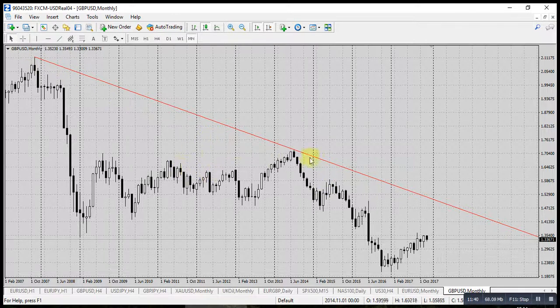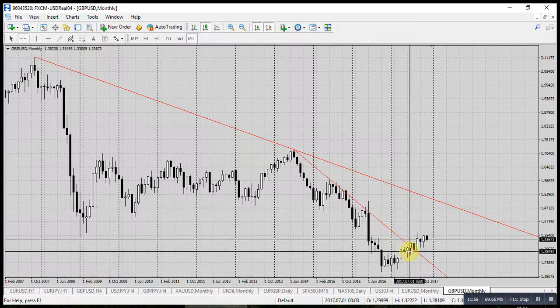So next you see, from this point we try to find another one. So this trend line was good until July 2017.